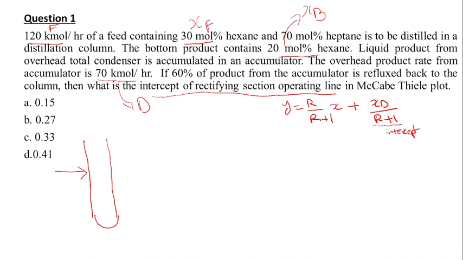So this is F is equal to 120. This is the condenser. After condenser, accumulator is there. From the accumulator we will draw the distillate, and some part is moved back to column as reflux.